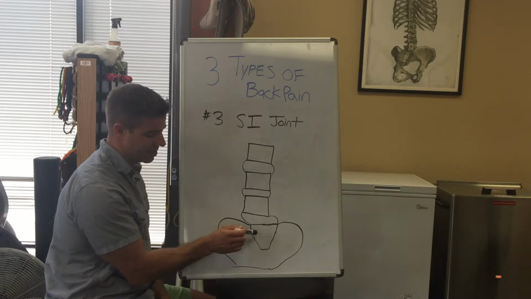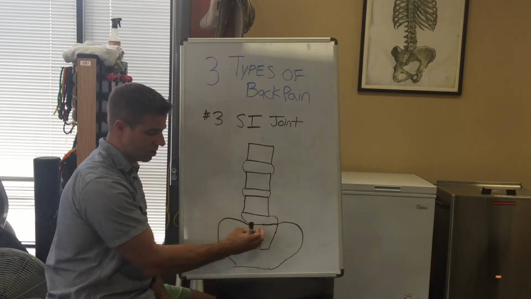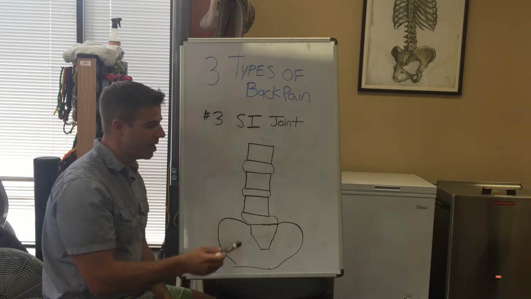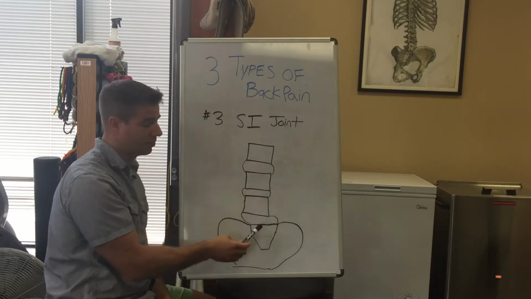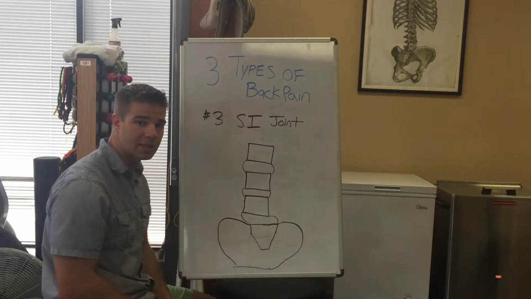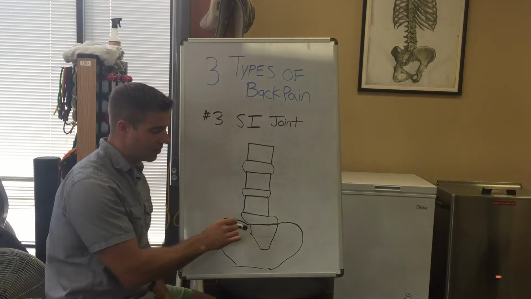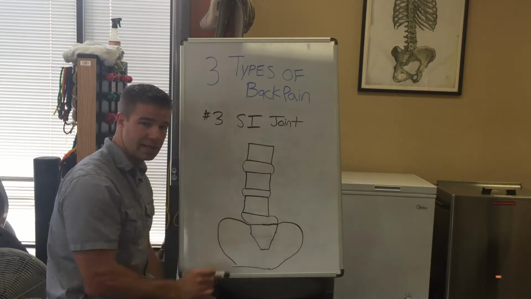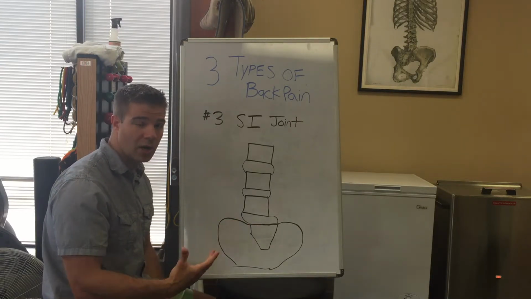Oftentimes, if we fix this problem area, if we shift this block back to where it's supposed to be, then we can correct these. So the primary concern when anybody comes in with a problem with their low back, we have to rule out that this SI joint problem is occurring.